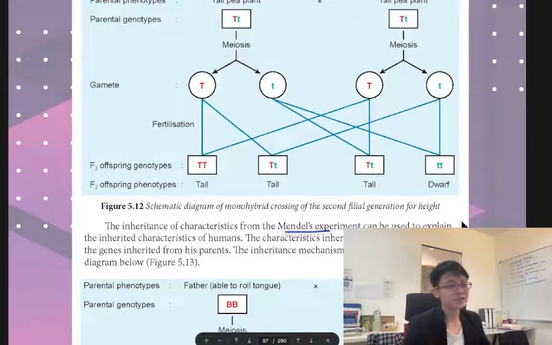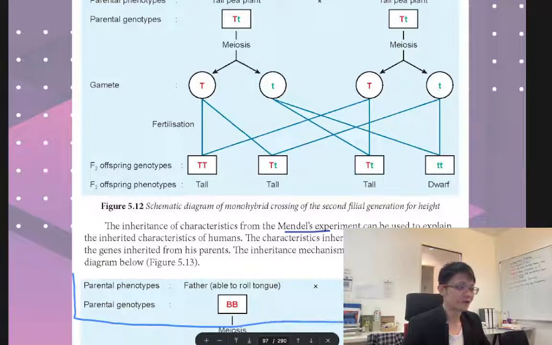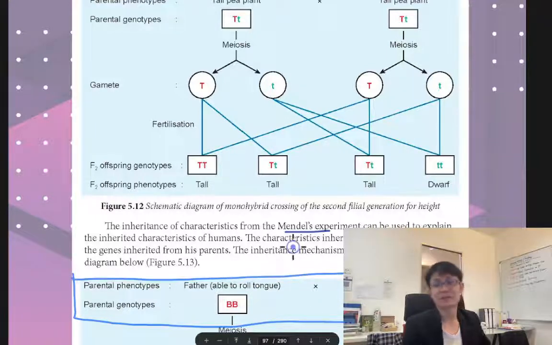Now let me try to ask you a question. Looking at the bottom part, this part. I have the parental phenotype: the father is able to roll tongue and the mother is unable to roll tongue. The genotype is BB and bb.